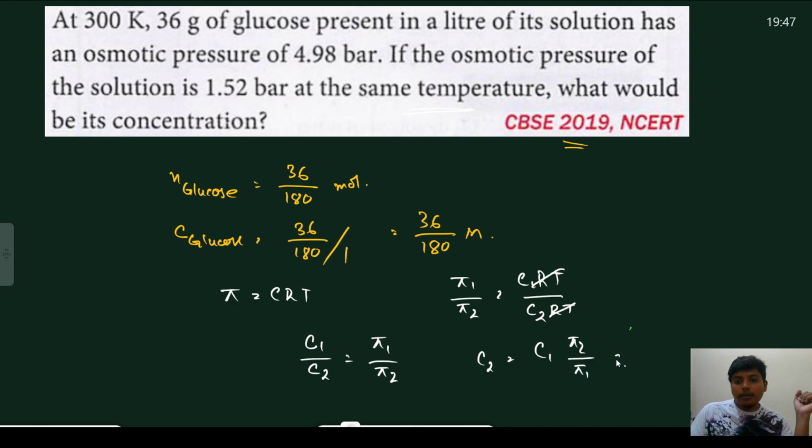Now tell me, what is the value of C1? C1 value is 36 by 180. What is the value of pi 2? 1.52. And what is the value of pi 1? 4.98.